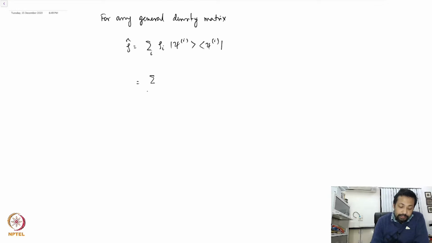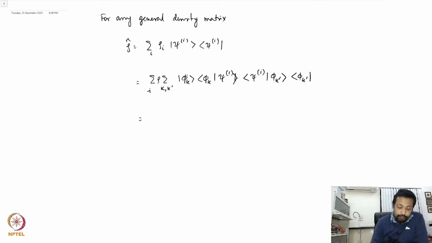Now for any general density matrix where I have rho hat as the sum over i of rho i, psi i, psi i, I can write this down as the sum over k, k prime of phi of k, psi i, and then psi i, phi k prime, phi of k prime.